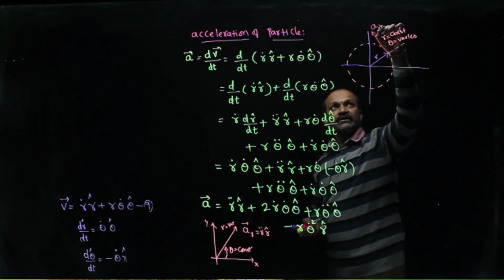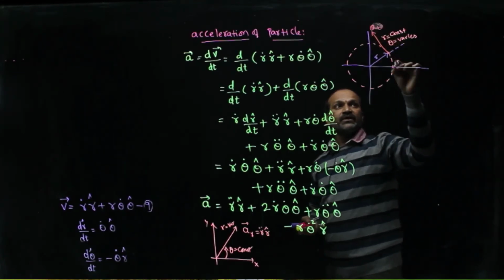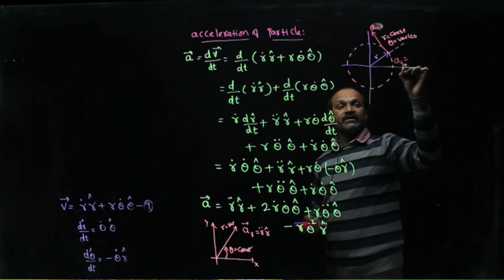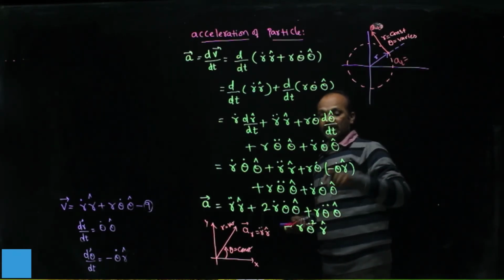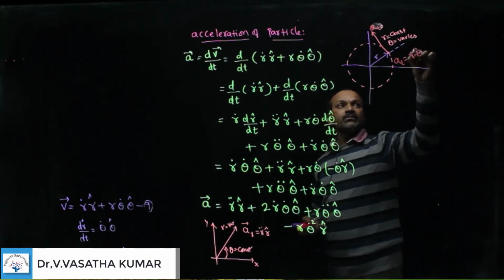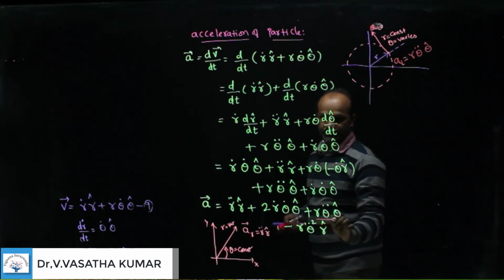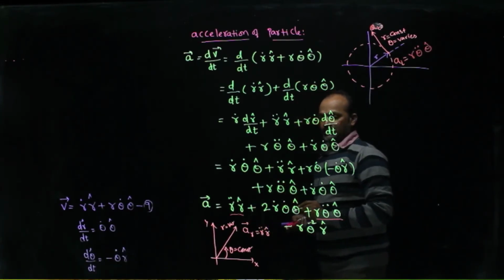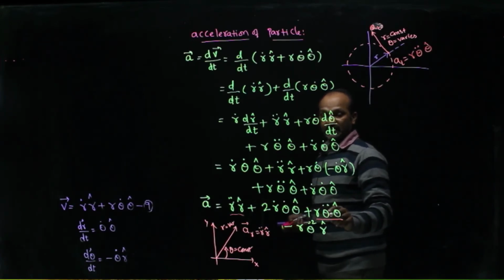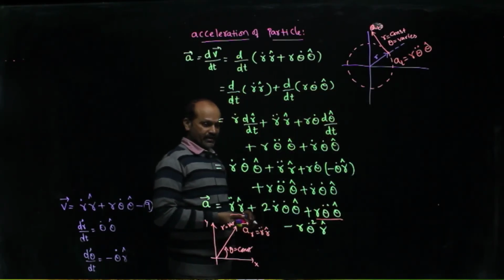So let me write over here, the a t value, the linear acceleration in the tangential direction, is this one, r theta double dot theta cap, this term. And this is linear acceleration in the radial direction, this is linear acceleration in the tangential direction, right.